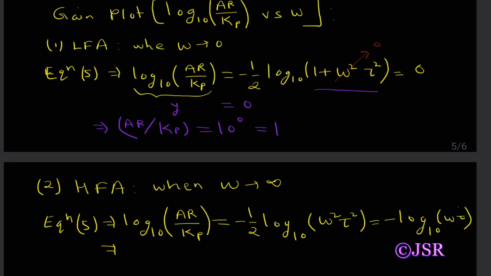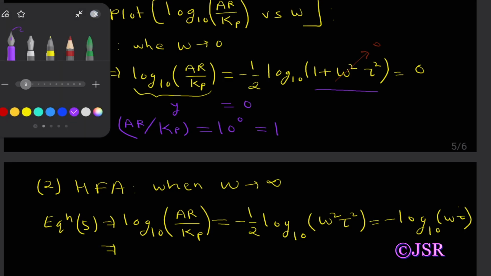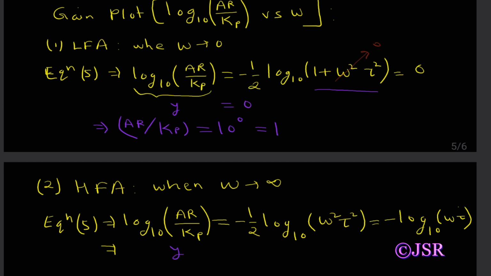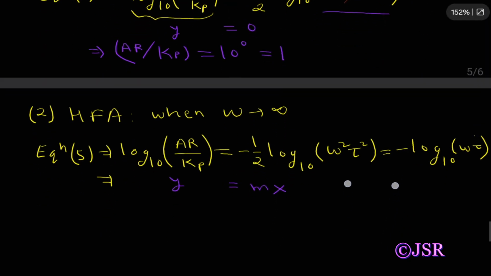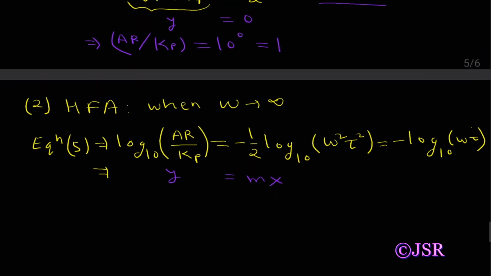So here we have y equal to m x. So the slope of the high frequency asymptote, m equal to -1.